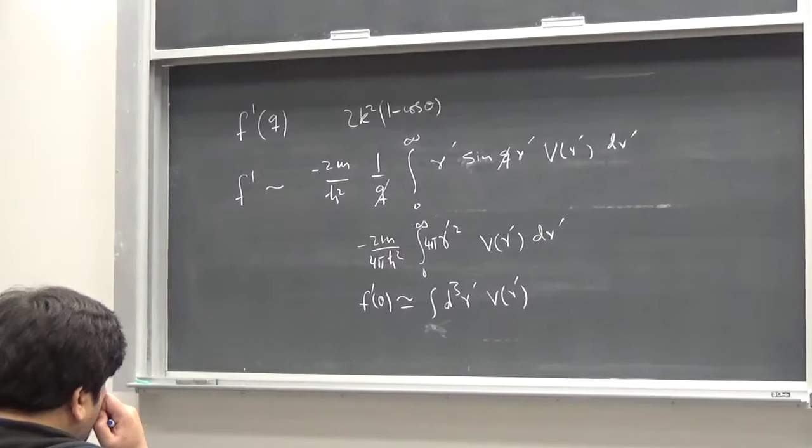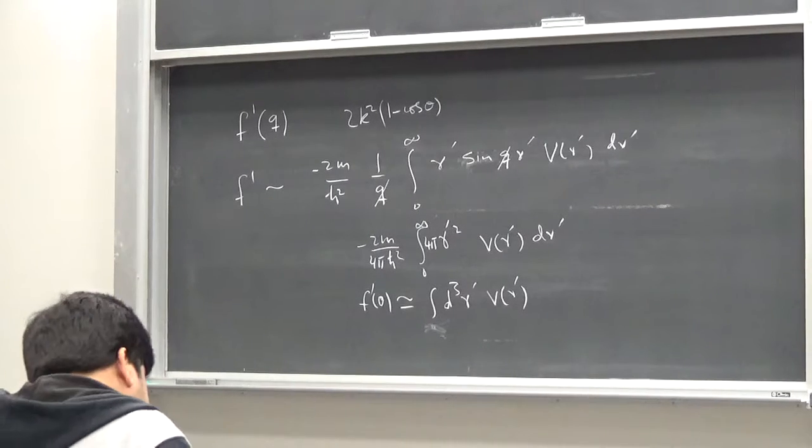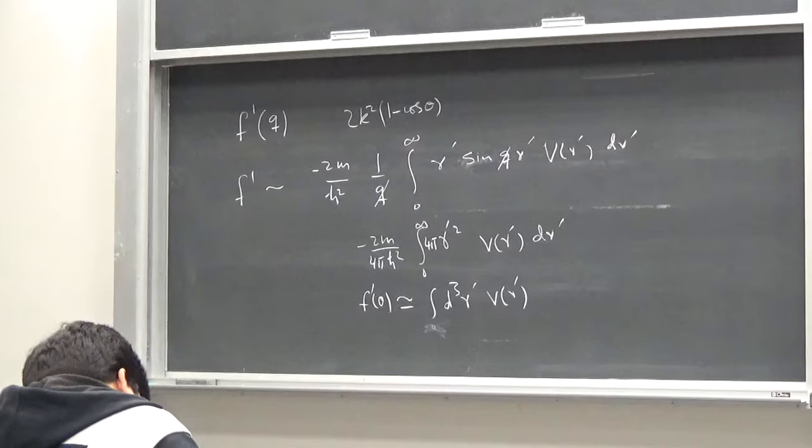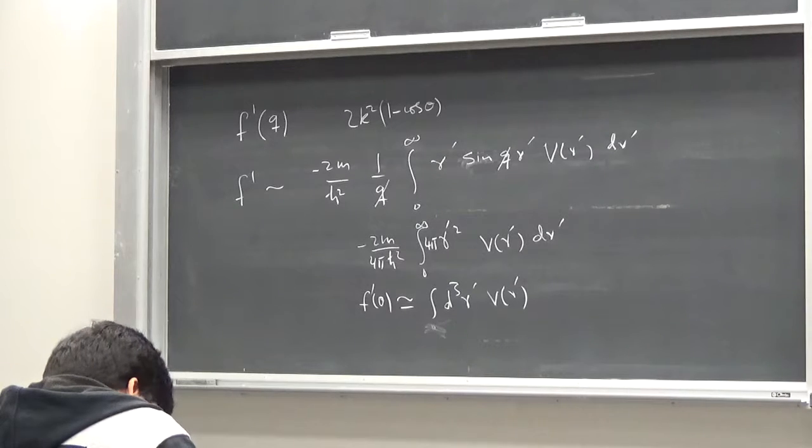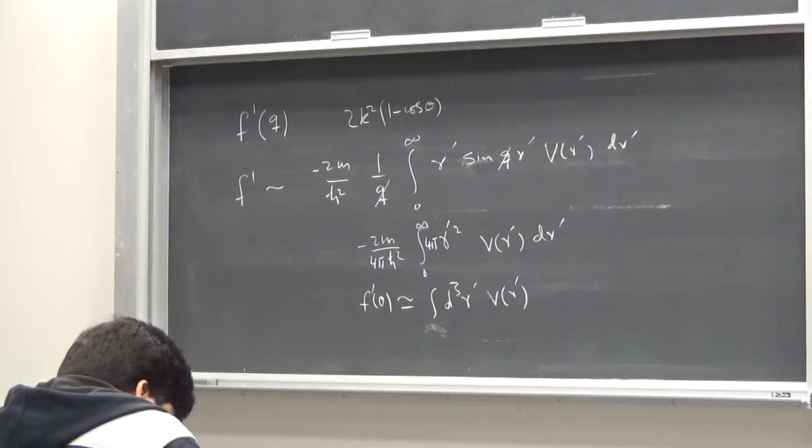Let me give you a reading assignment because I want to finish with the Born approximation here, so that I can start with perturbation theory in the last week. So let me give you a reading assignment on the validity of the Born approximation. It's a nice read.